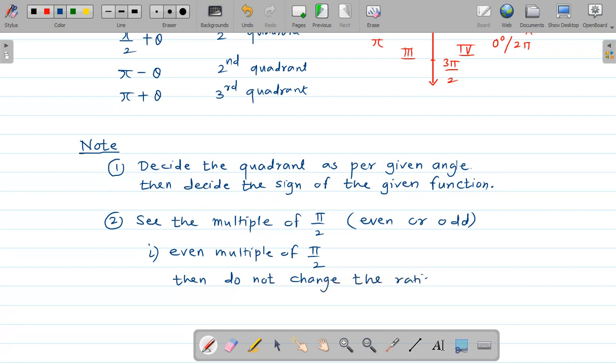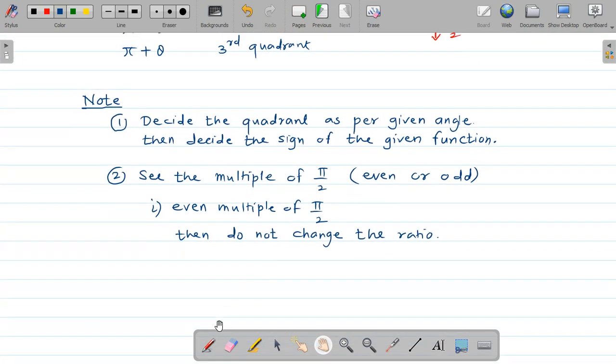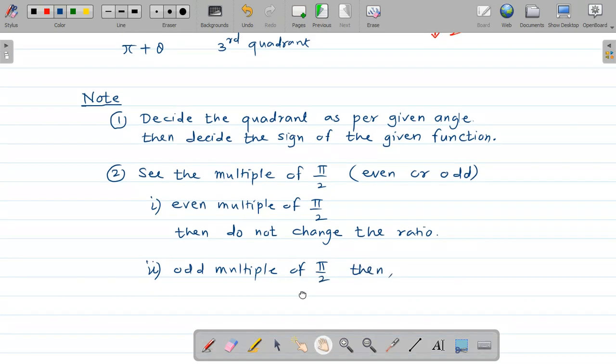This is our observation. And if it is an odd multiple of pi by 2, then the ratio changes.